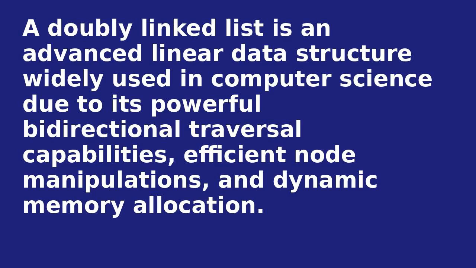A doubly linked list is an advanced linear data structure widely used in computer science due to its powerful bidirectional traversal capabilities, efficient node manipulations, and dynamic memory allocation.